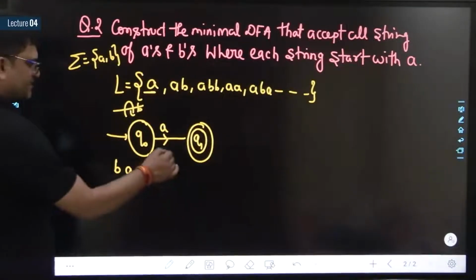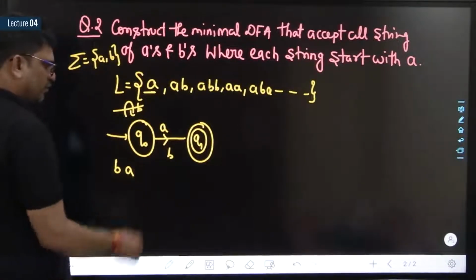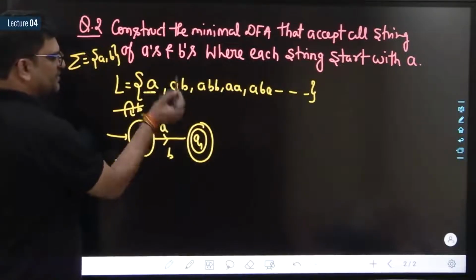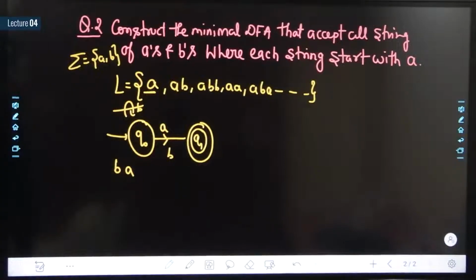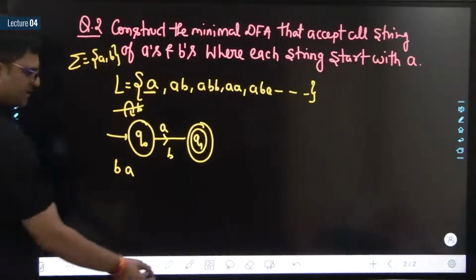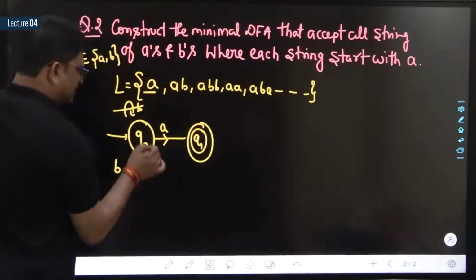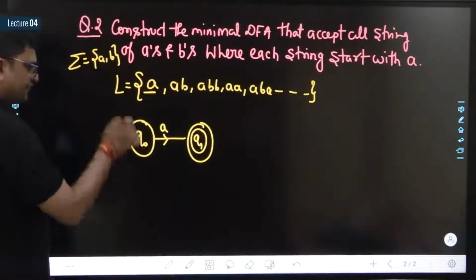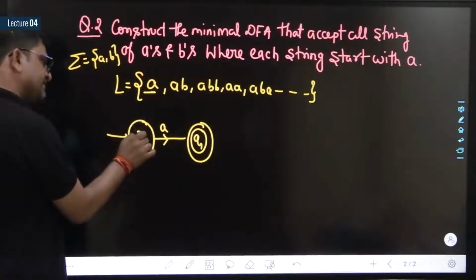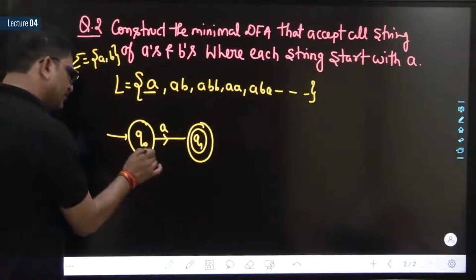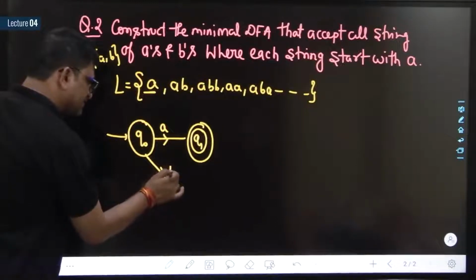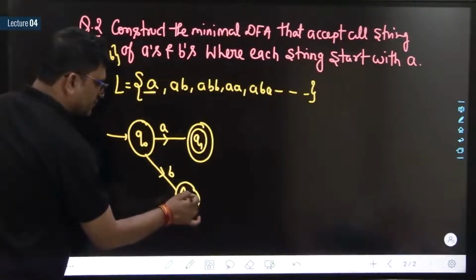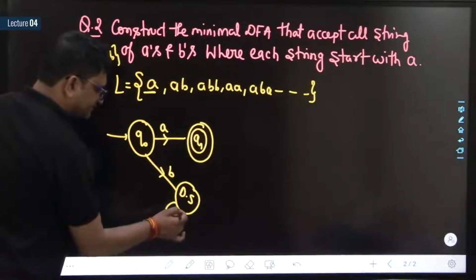Can we give this transition on B? No, because it would accept a single B, and a single B is not present in my language. We cannot give this transition. Then what will happen? It goes to the dead state, which some books also call the trap state.